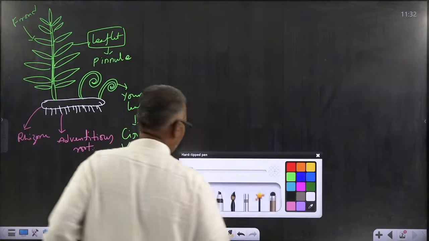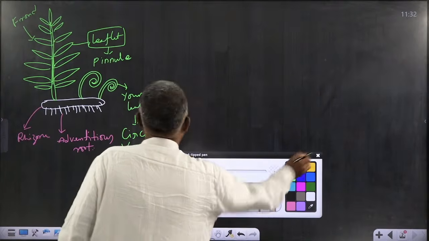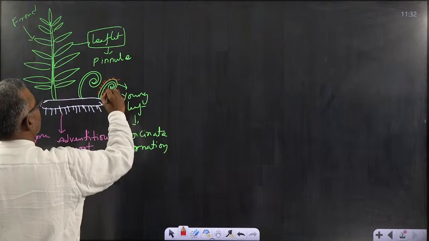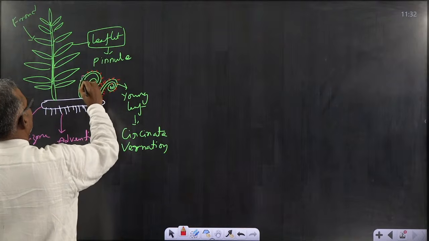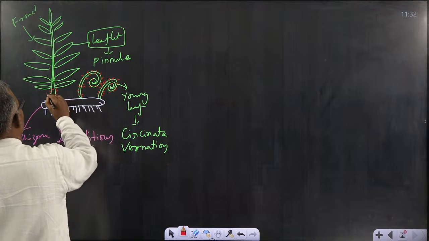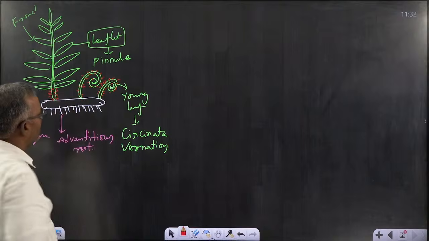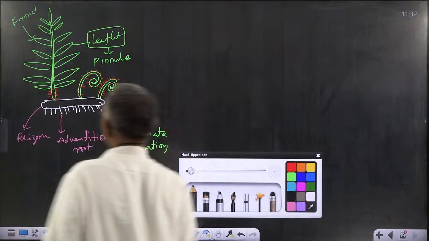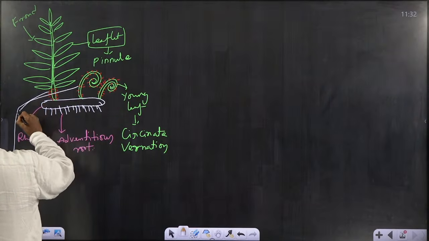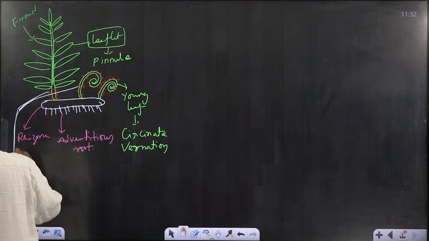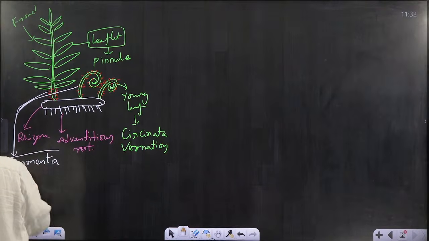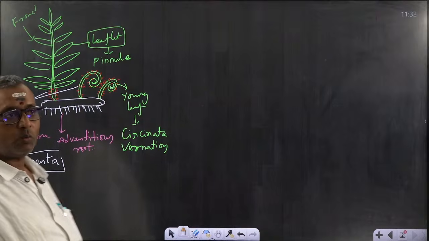Another important thing, the young leaves as well as the petioles of the leaves are externally covered by brown colored hairs. Look at here. Now these brown colored hairs are called ramenta. What do you call them? Ramenta. Very, very important.